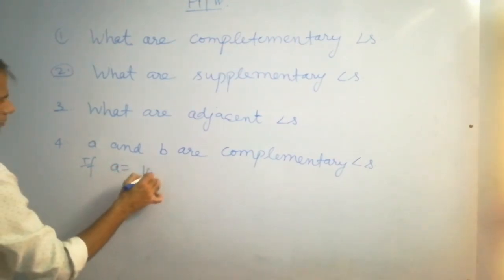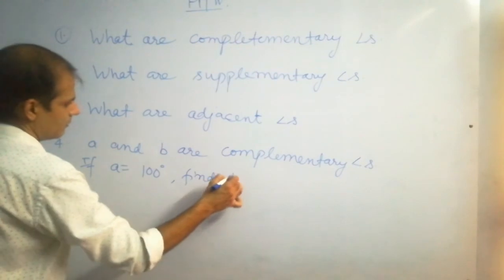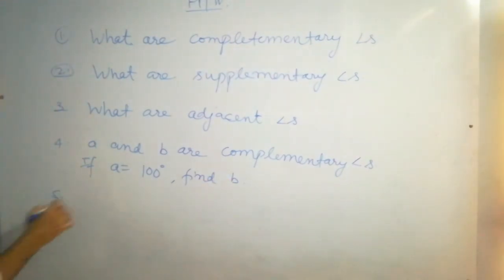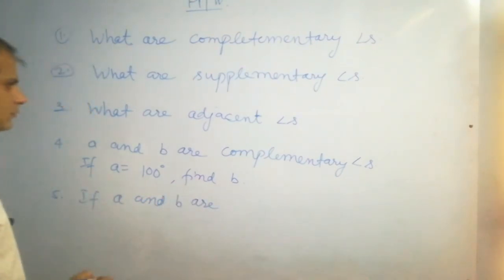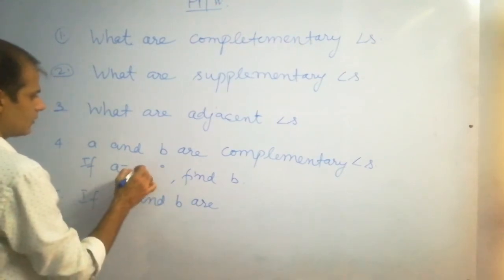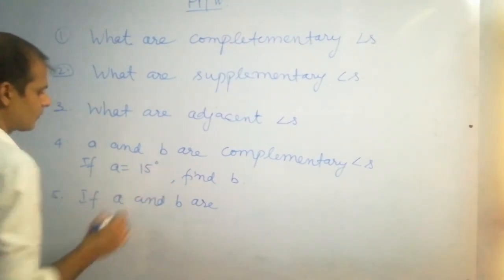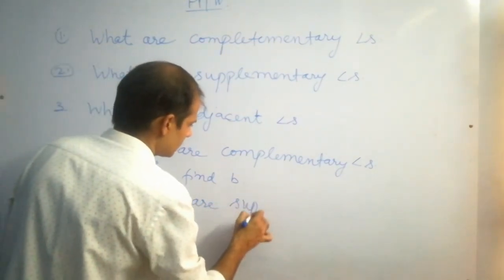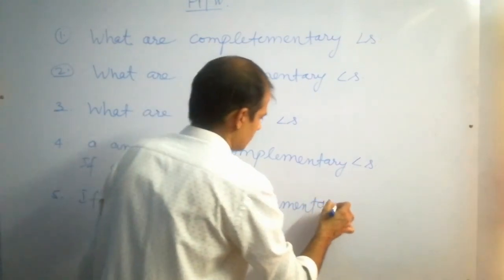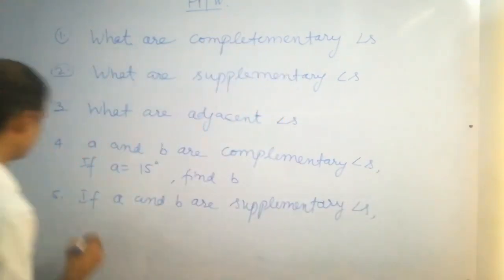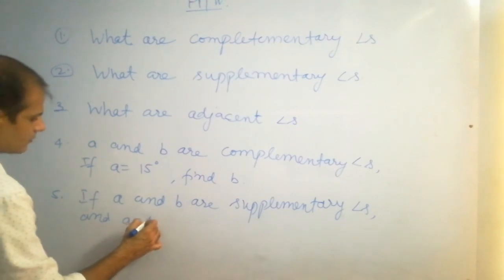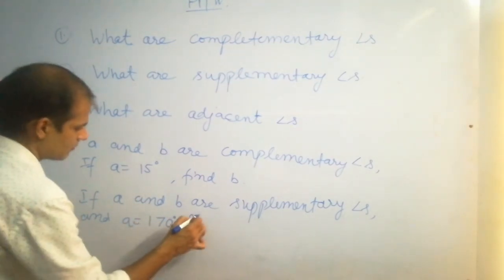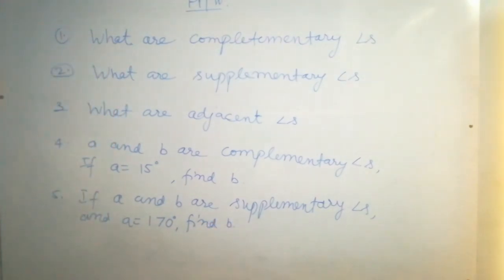If A is 100 degrees then find B. Fifth question, if A and B are supplementary angles, and A is 170 degrees, find B. Okay students, these 5 questions are for your homework.